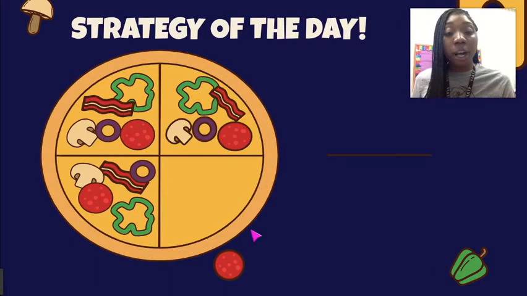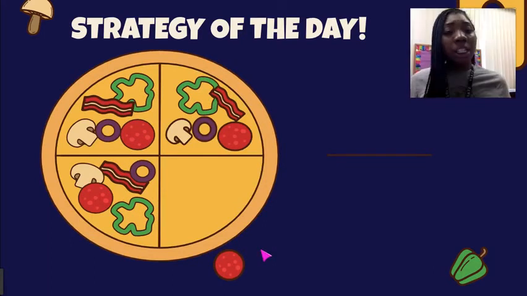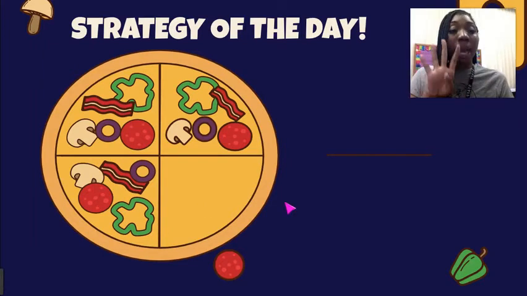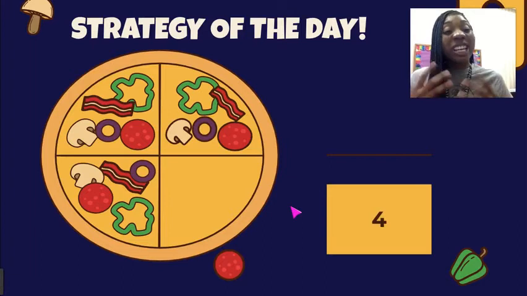Let's try another one. This time, how many parts do you see that make up the whole? Okay, let's double check and count together. We have 1, 2, 3, 4 parts that make up the whole, so the denominator, the bottom part, is 4.